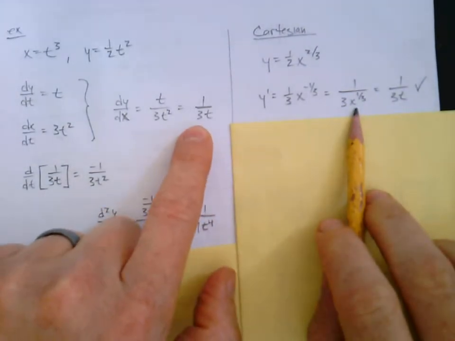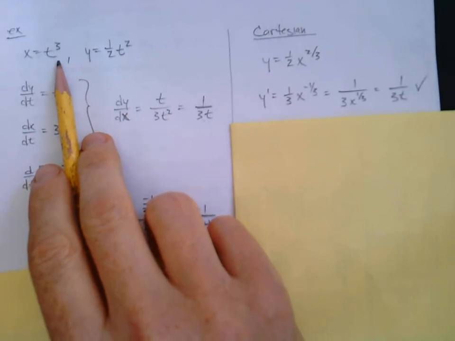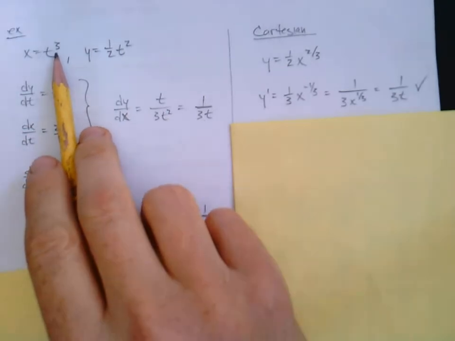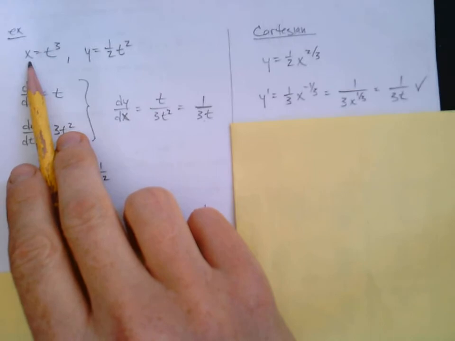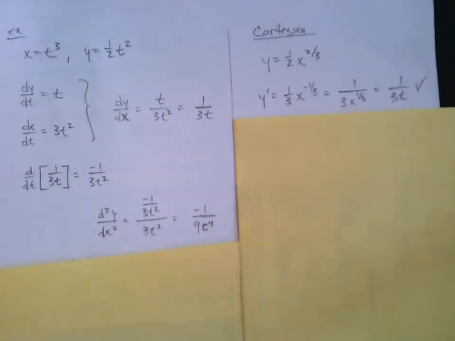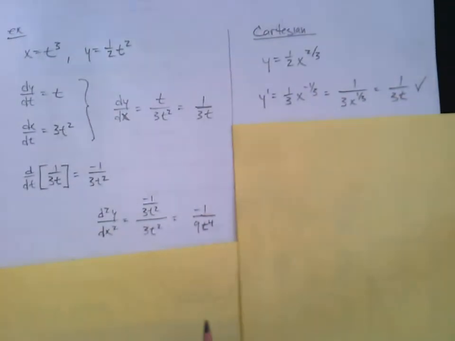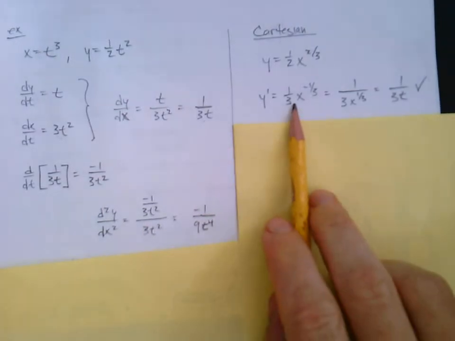How are these two connected? Hey, isn't x t to the 3rd? So that makes t equal to x to the 1/3. x to the 1/3, that's t, so 1 over 3t. There it is, same thing. Hey, why stop there? Let's confirm that second derivative. So think of y prime as this.